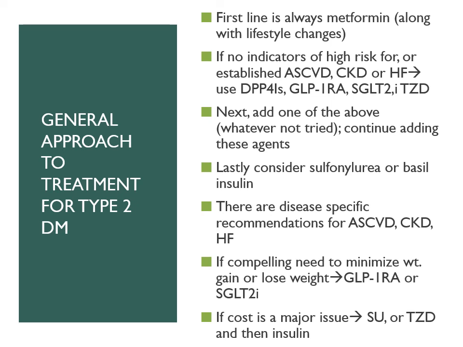Next, you add one of the above that you had not already tried. So you go through all those agents. Lastly, you can consider sulfonylureas or basal insulin. And there are disease-specific recommendations for ASCVD, CKD, and heart failure, which you can see in the guidelines.